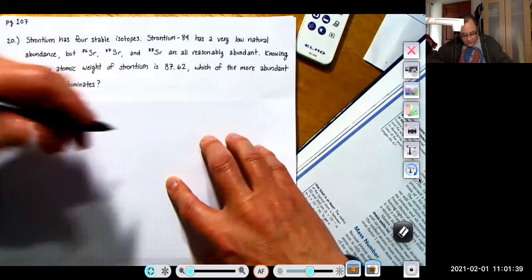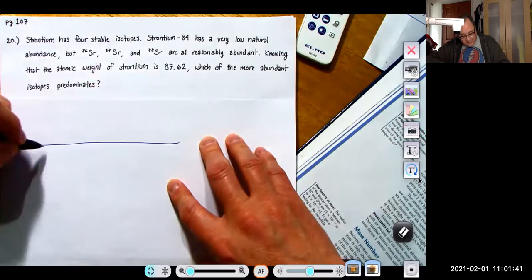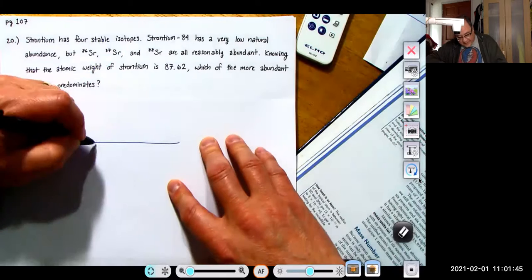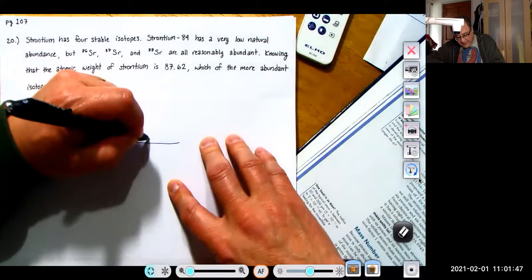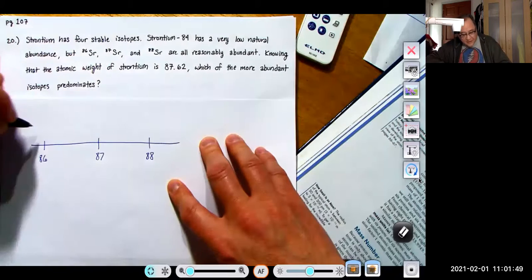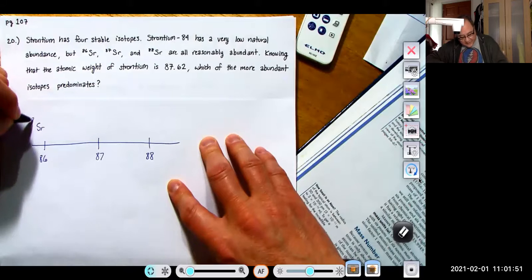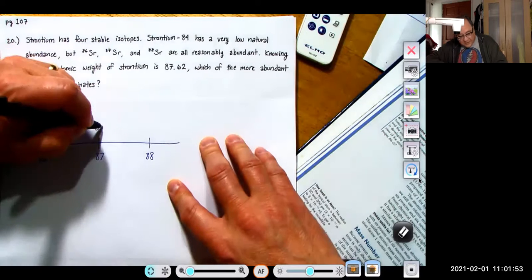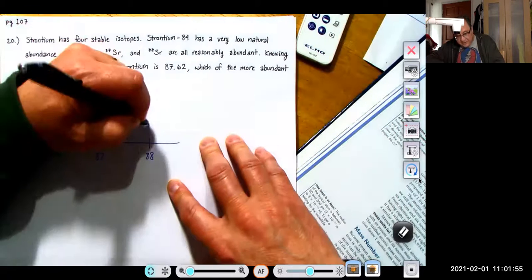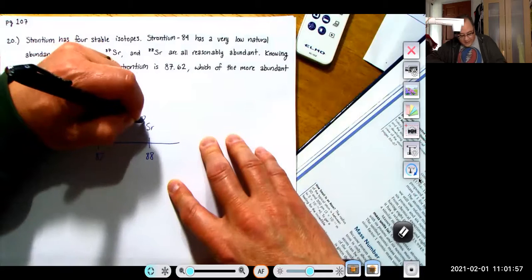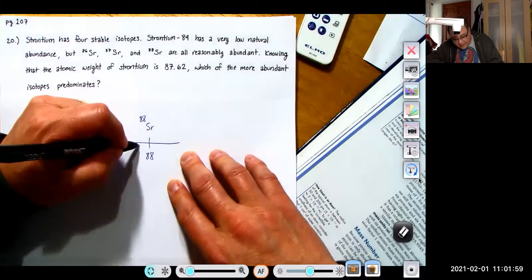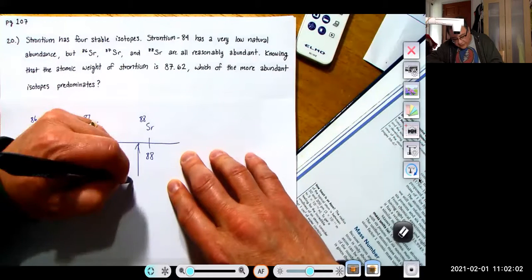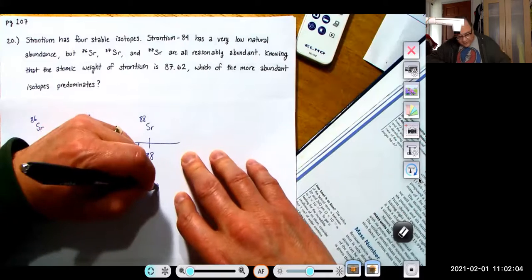So I'm going to do a little line here, and I'm going to put 86, 87, and 88. So this is the mass of strontium 86. This is the mass of strontium 87. And this is the mass of strontium 88. Now, right here at 87.62, that's the average.